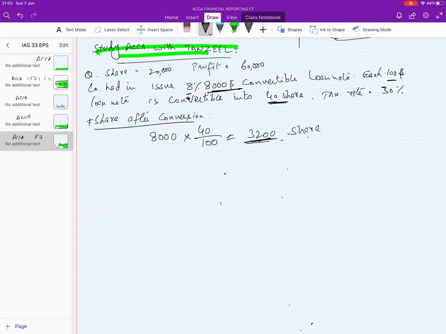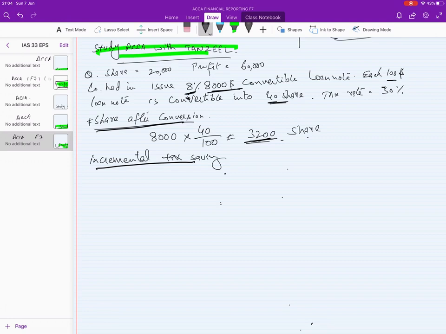Okay, one bit is done. The second bit is the incremental tax saving. Now, you were paying 8% interest on $8,000. Now you have already settled your loan by converting it into equity shares.